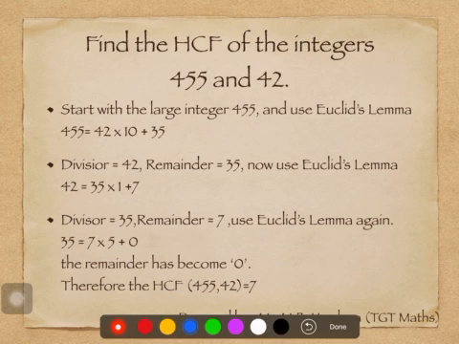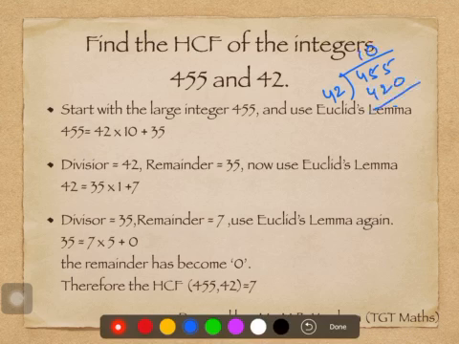and using Euclid's lemma. Here 455 is divided by 42. 10 times gives 420. The remainder is 35. Here we can write 455 as 42 into 10 plus the remainder 35.